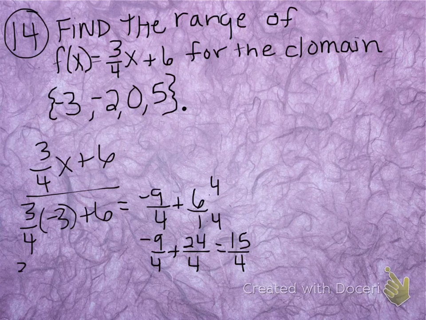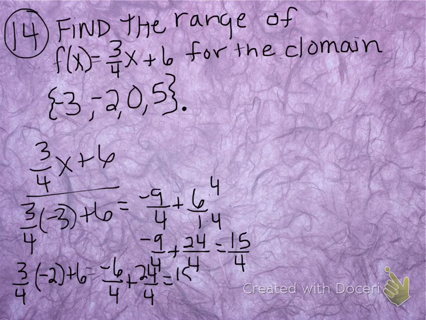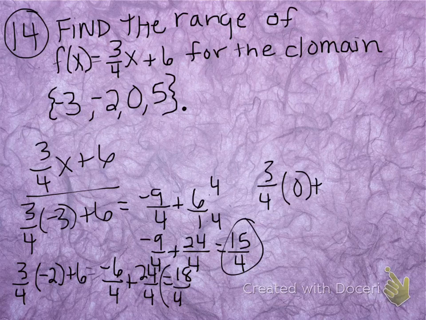All right, my next one, I have 3/4 times -2 plus 6. So we have -6/4, plus we can use the 24/4 again, which is going to give me 18/4. And then we have 3/4 times 0 plus 6, which is just going to be 6.